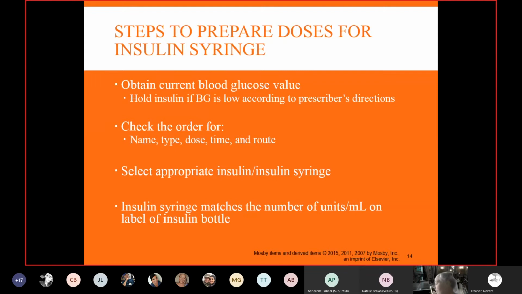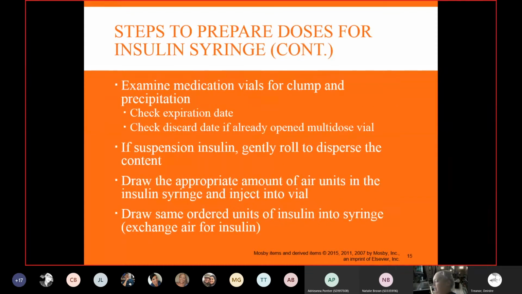If you're using an open bottle, make sure you look at the discard date and expiration date, which you should do with any multi-dose vial. Make sure you examine for any precipitate. If it's a suspension, so an intermediate, not the rapid or short acting, you may have to roll it.